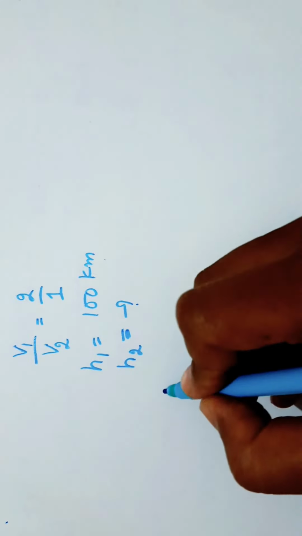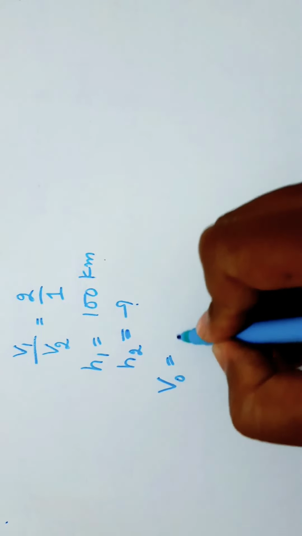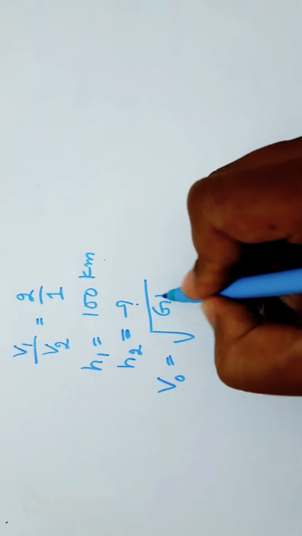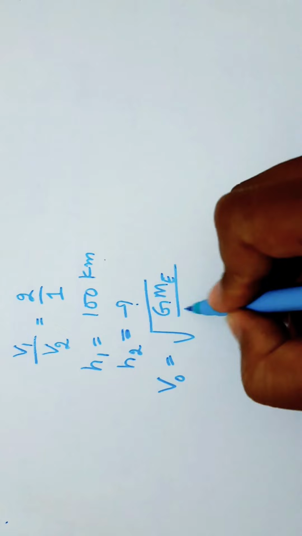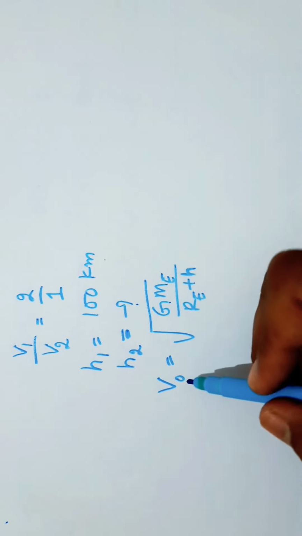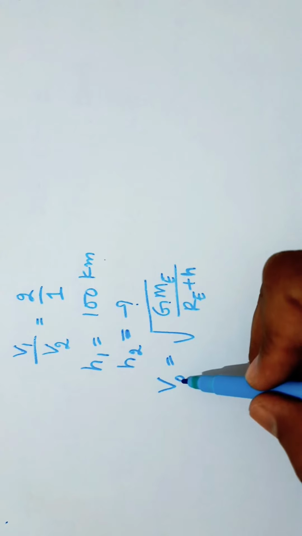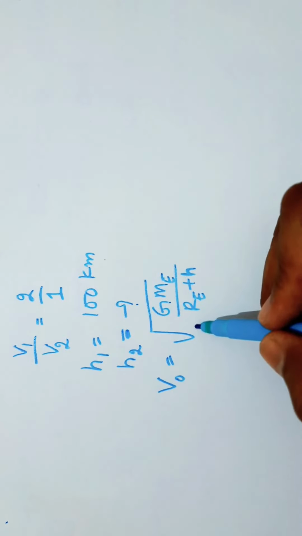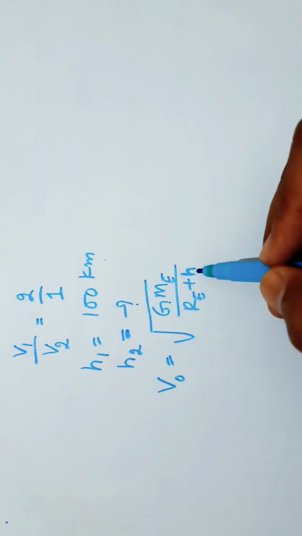Here we know orbital velocity V naught is equal to square root of G Me by Re plus h. Orbital velocity V naught is inversely proportional to square root of Re plus h.